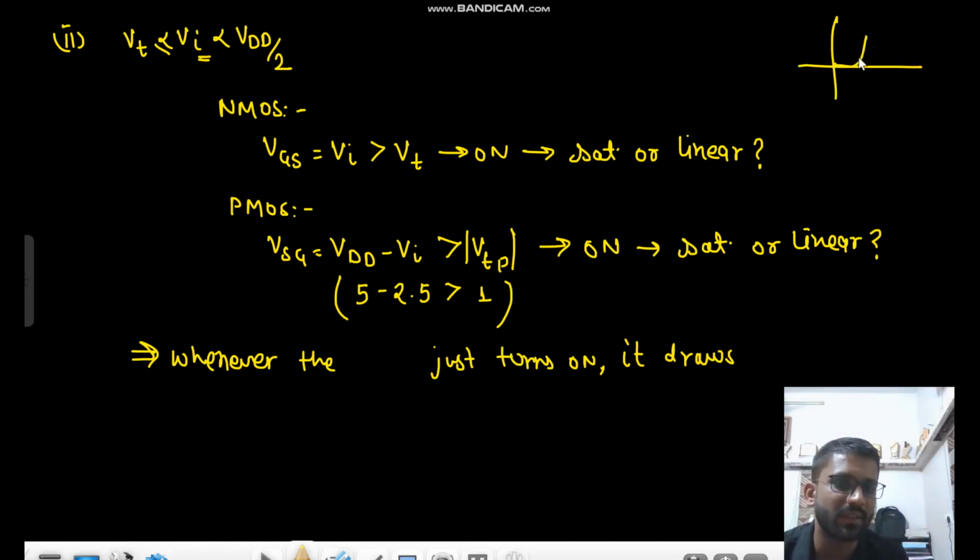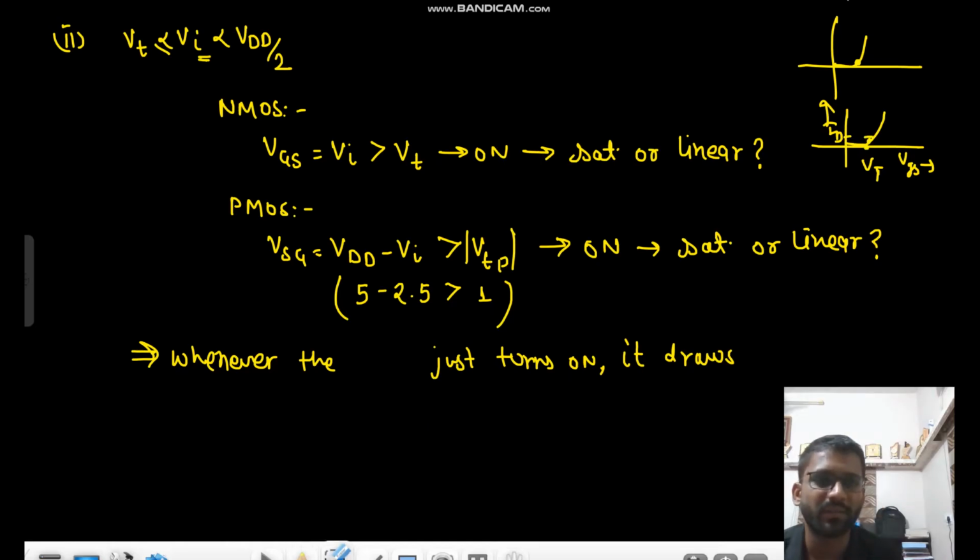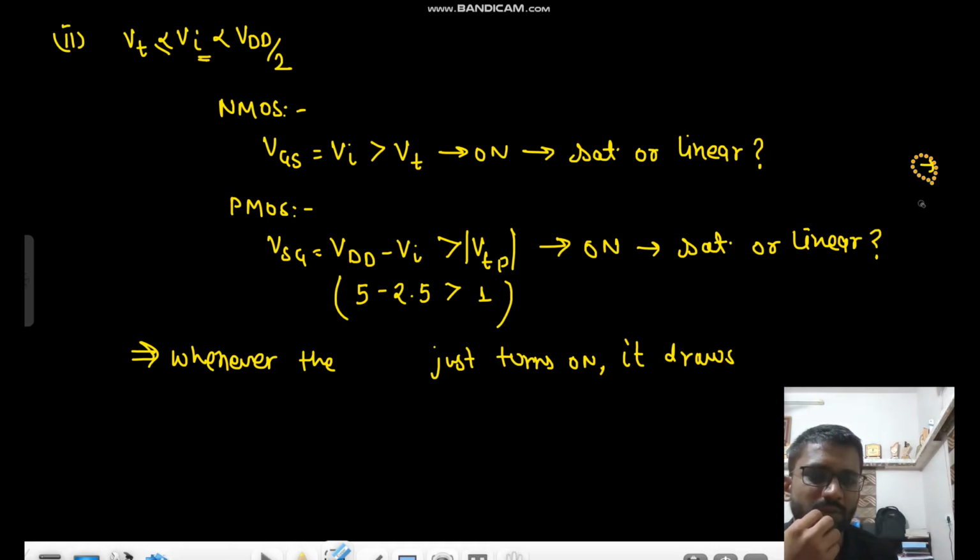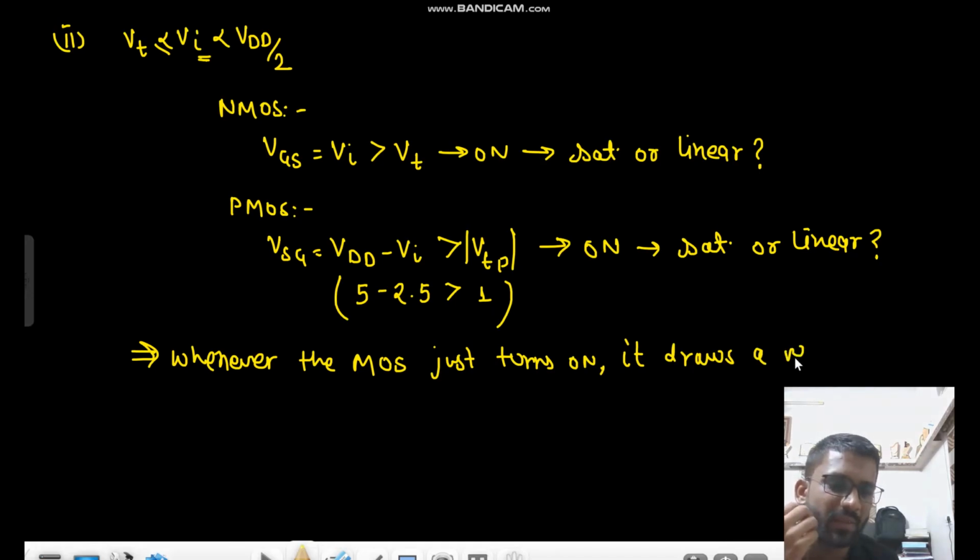This is your VT and this is your VGS and this is your ID. So if it is just greater than VT, there is very low current. Whenever the MOS just turns on, it draws a very low amount of current.